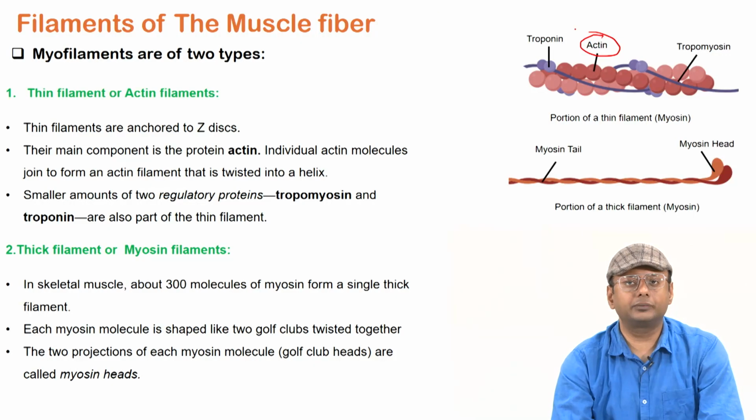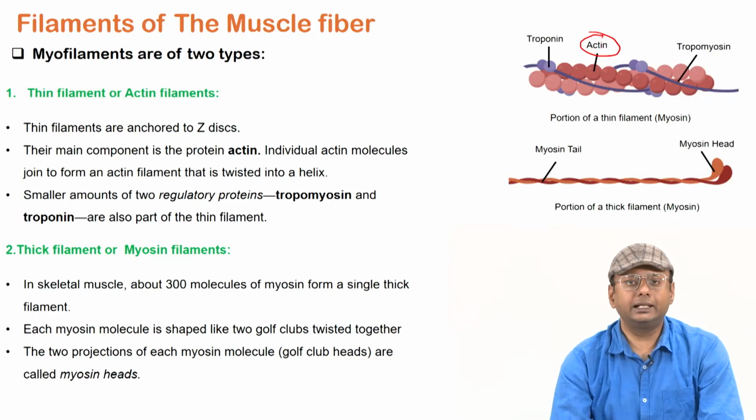Actin is one of the key components of the thin filament, and individual actin molecules create a twisted helical filament formation. There are two more proteins, troponin and tropomyosin. We will discuss all of their functions in the next slide.